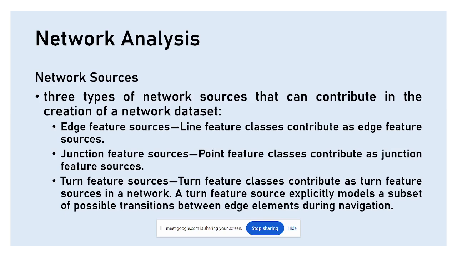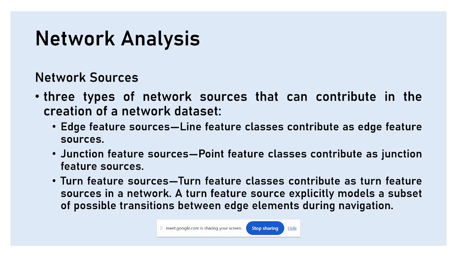Okay, so the edge feature sources: line feature classes contribute as edge feature sources, just like I was saying. Then the junction feature sources: basically the point feature classes contribute as junction feature sources, and the turn feature classes contribute as turn feature sources in a network. A turn feature source explicitly models a subset of possible transitions between edge elements during navigation.